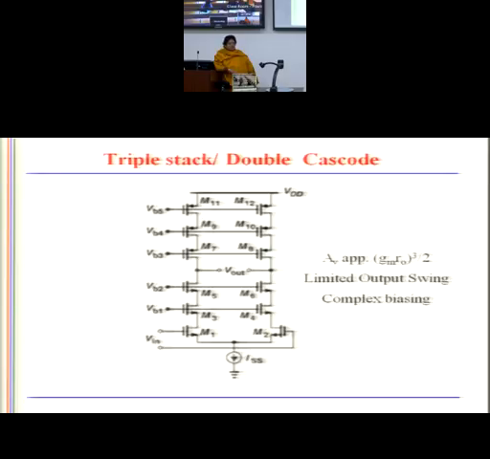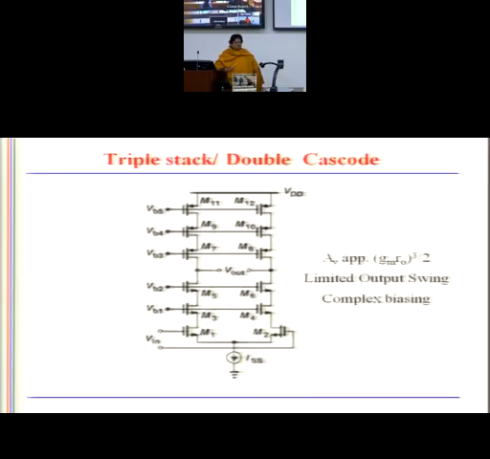How much voltage do you require to bring all of them in saturation? 1.4. Minimum 1.4. So that means your VDD has to be more than 1.4. And if you have a VDD of 2, at the most your swing can be only 0.6 volts. And bringing all 7 transistors in saturation is very difficult.